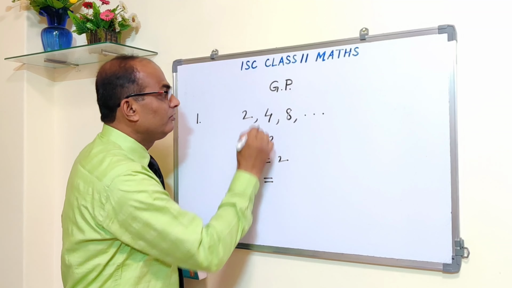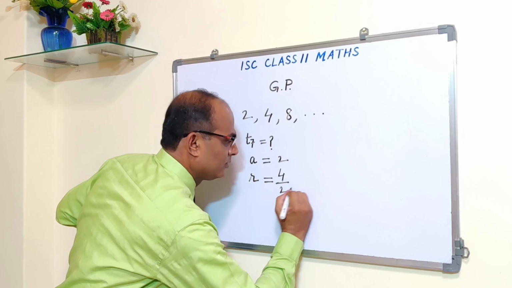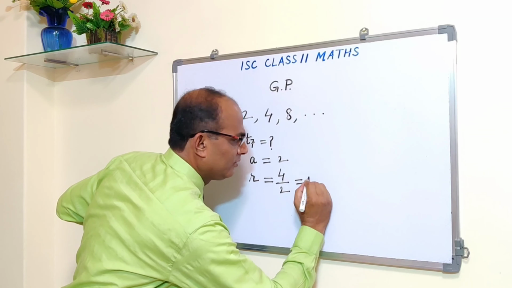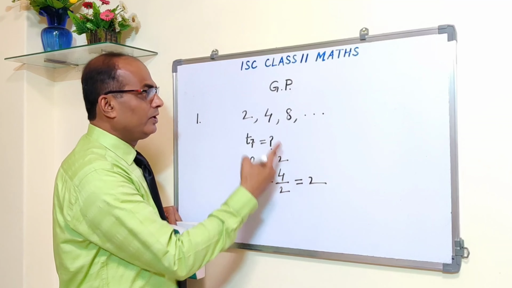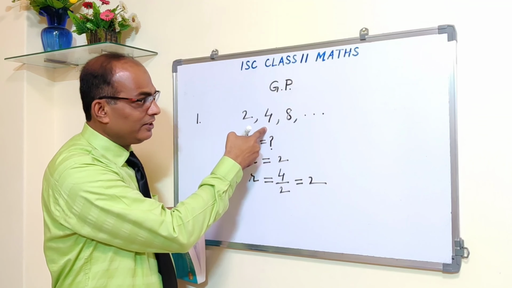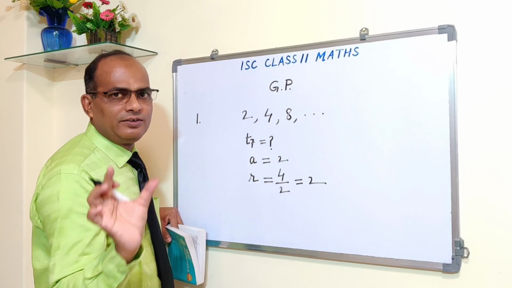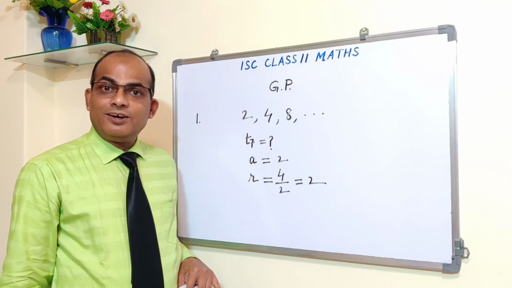So the common ratio is 2. Any two consecutive terms you will get 2. So this is R.